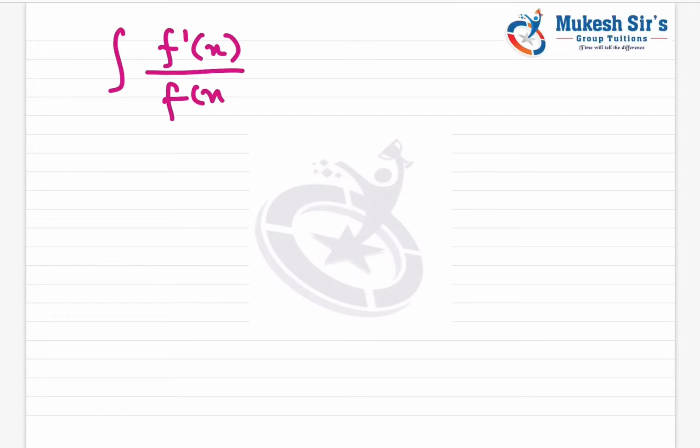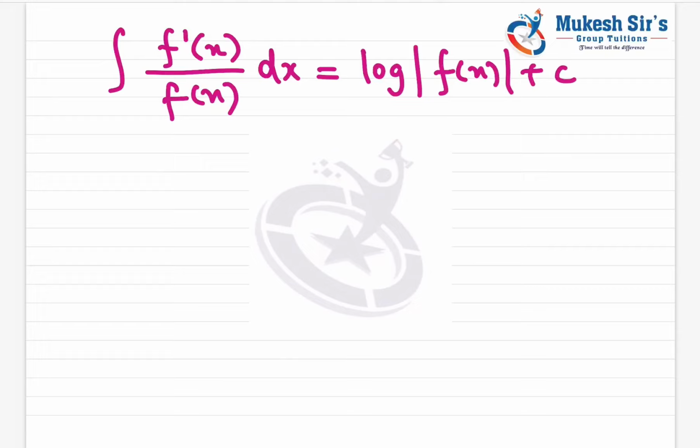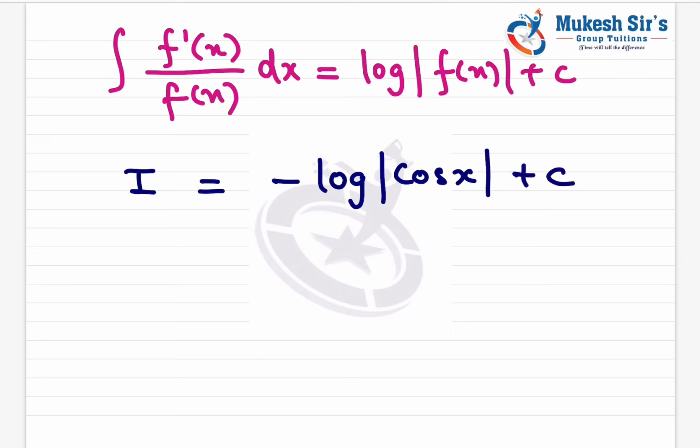So integration of f dash x upon f of x dx is equal to log of mod of f of x plus c. When I use that formula, it becomes minus log of mod of cos x plus c. Now you know minus log a is equal to log of 1 upon a.